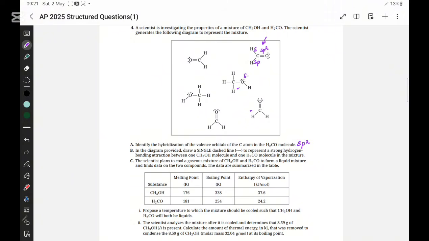This is going to have a partial negative charge because oxygen is more electronegative and hydrogen is less electronegative, so having partial positive charge. And it is going to show an attraction towards the lone pair which is present on oxygen, which is having partial negative charge. It is having partial positive charge. So attraction will come from partial positive charge towards this lone pair like this.